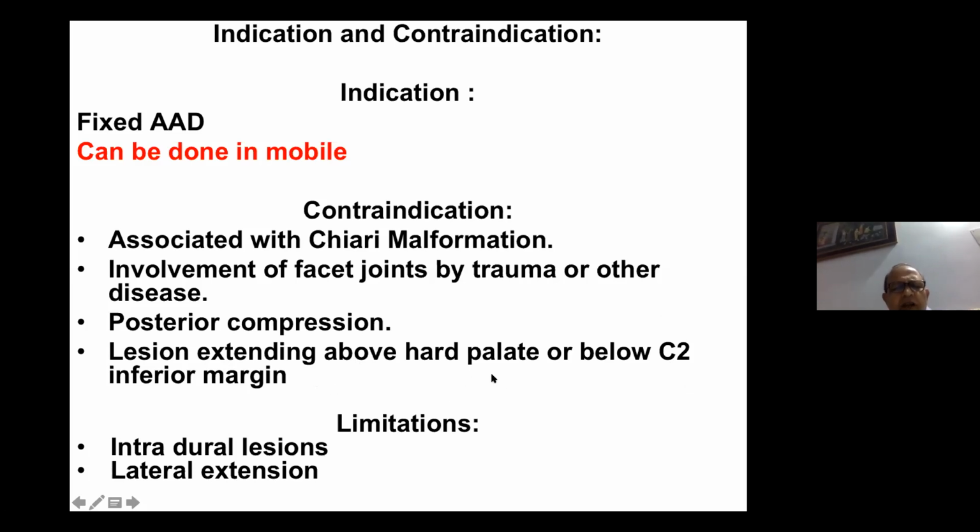When more inferior, it is not a good option, and superiorly, beyond 1 or 2 centimeters of the hard palate up to the middle of the clivus, you can reach transorally. Limitations are if it is an intradural lesion, so strictly midline extradural lesions are a better approach. Lateral extension, if it is beyond the lateral mass, or the vertebral artery lateral to this, that should not be addressed.